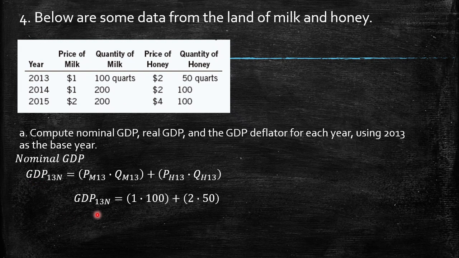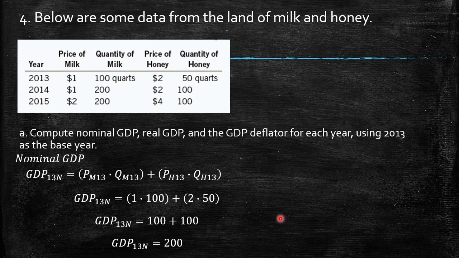Then the nominal GDP of 2013 should be 1, which is the price of milk, times the quantity, 100, plus 2, which is the price of honey, times 50. Then we have 100 plus 100.